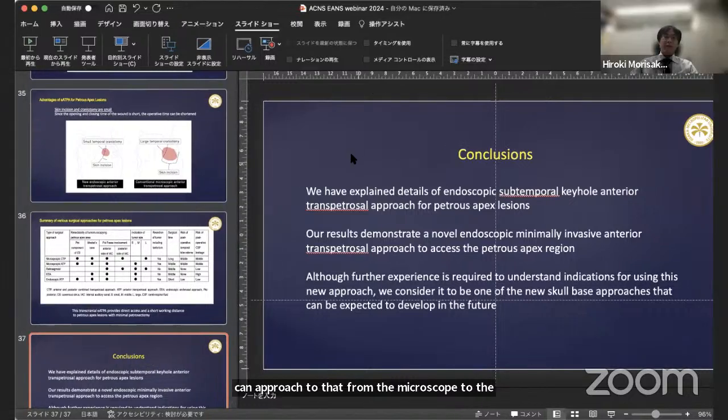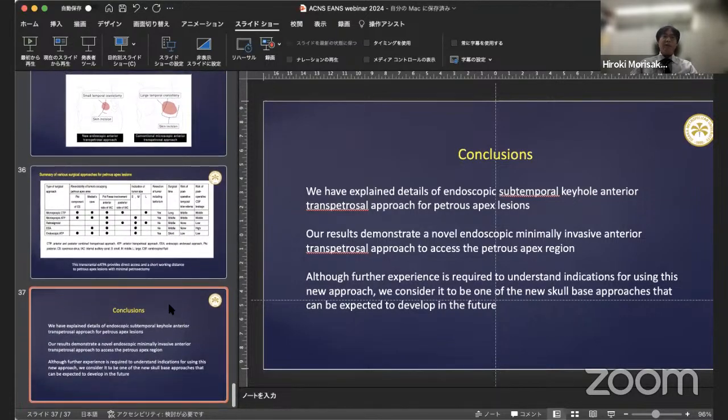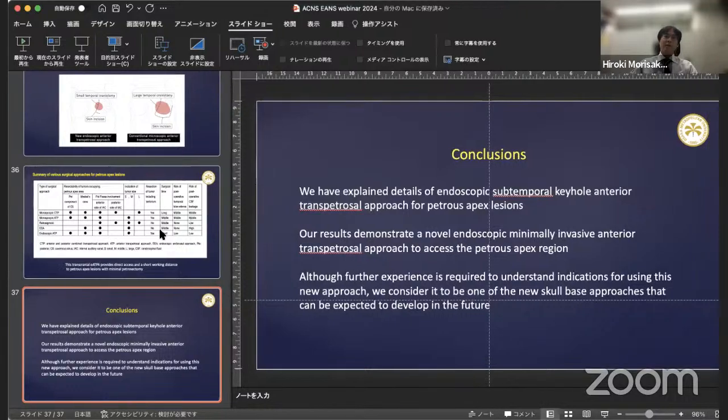Yes, so maybe this is a very newly conceived procedure, but recently the minimally invasive approach is sometimes very useful for limited cases. So during these few years, we started this tumor removal through the endoscopic keyhole, the transcranial approaches.